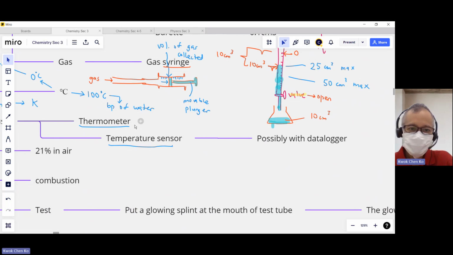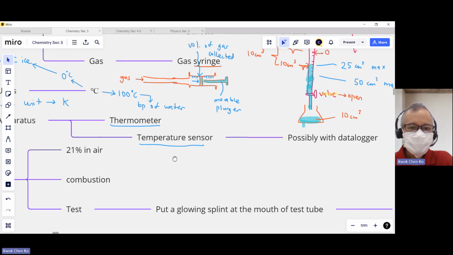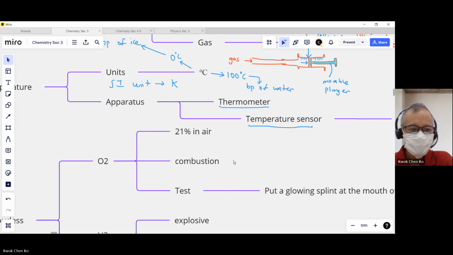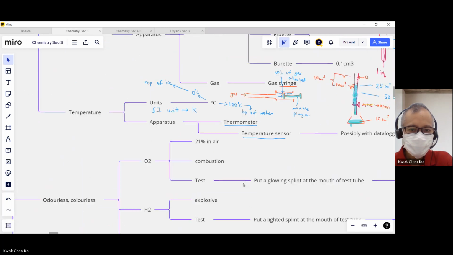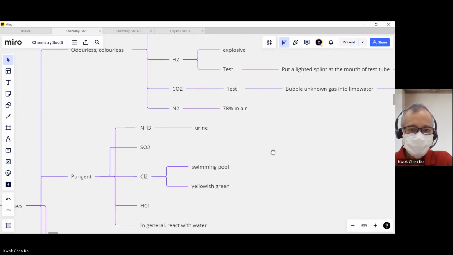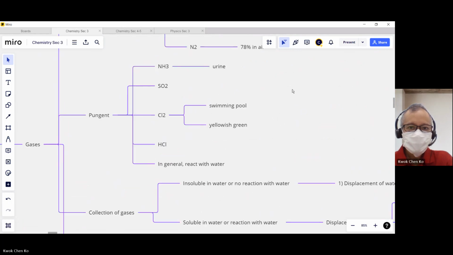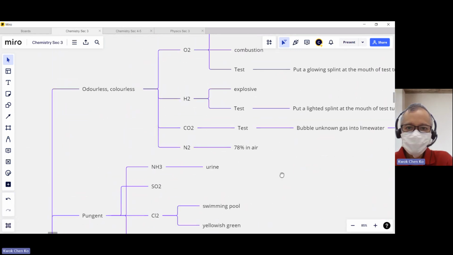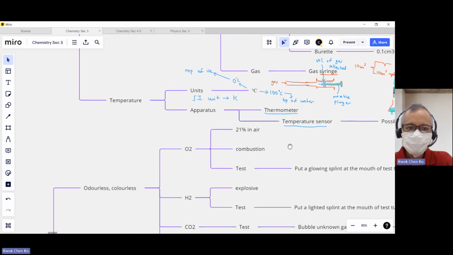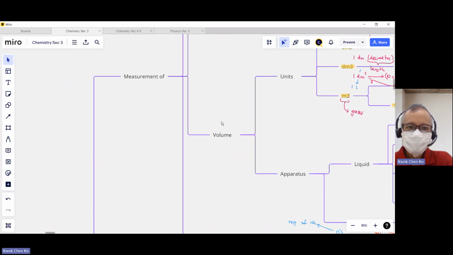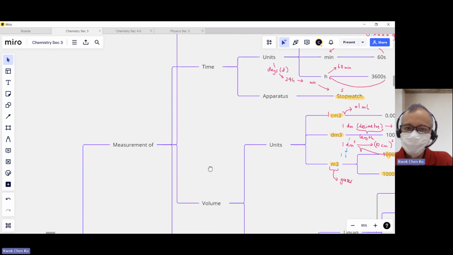I don't think there's much I want to elaborate about this. Just keep these two in mind. Now, a few other things. All right, I think that would cover the parts on the measurements for chemistry.